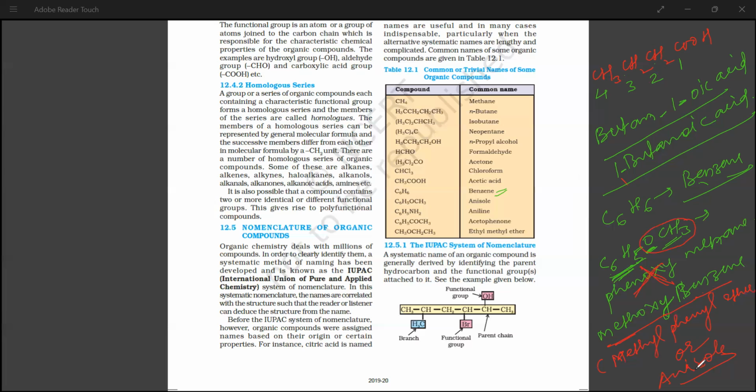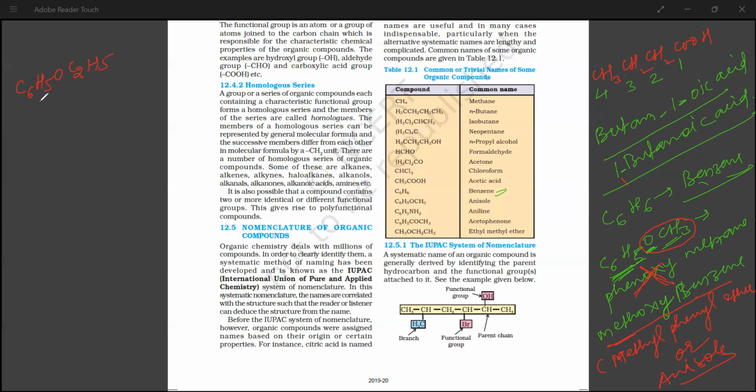So we can discuss some more examples here, so that we can understand this concept. Now see what your next example is. Now we'll be taking C6H5O C2H5.